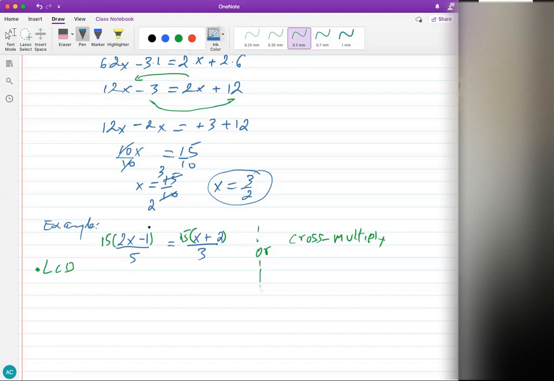All right, so what happens now? Do we distribute first or do we do something else? We have to simplify it. Exactly. What exactly do you simplify? So you're going to get 3 into x. That's right. So we're going to cross these out, simplify these.